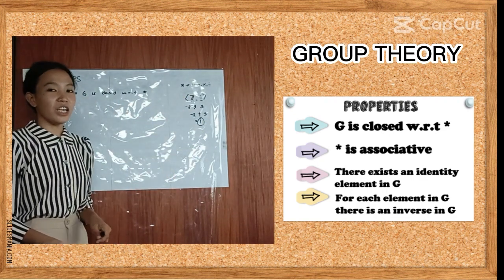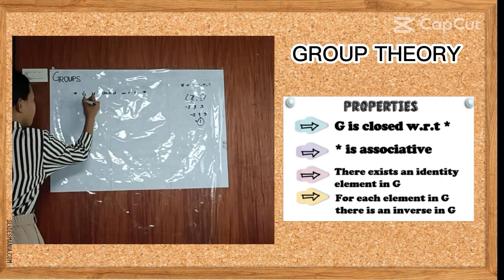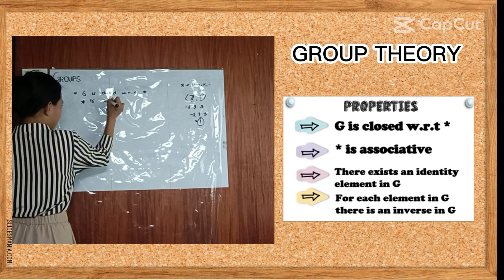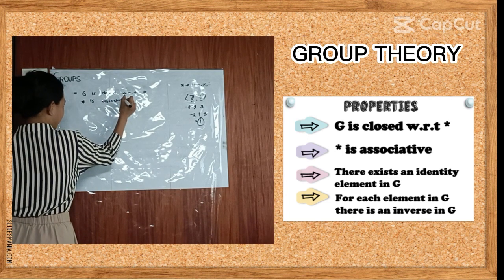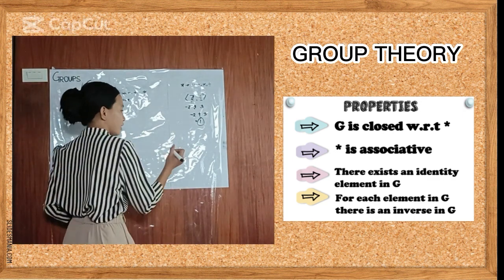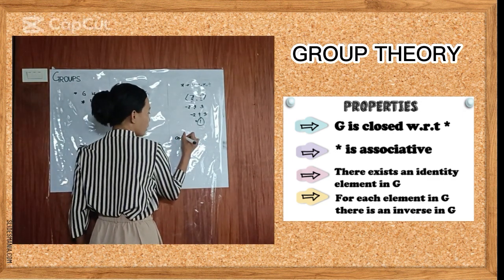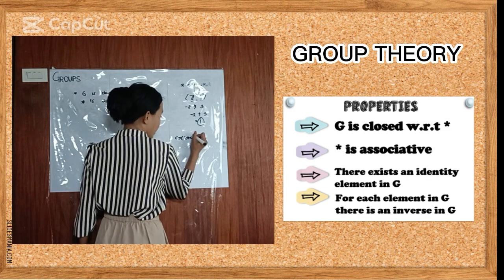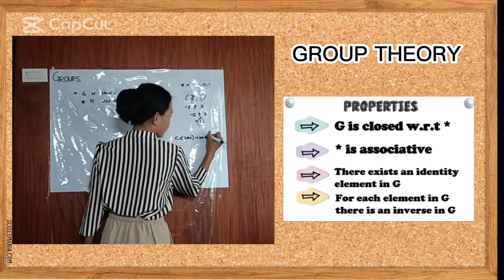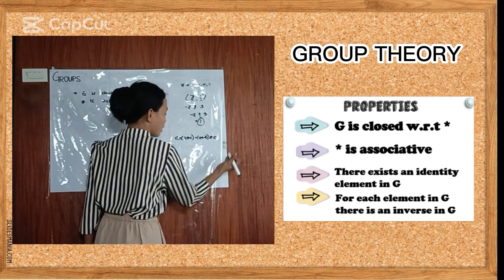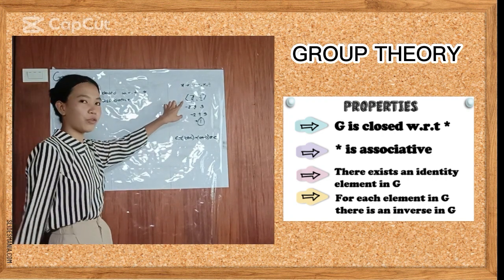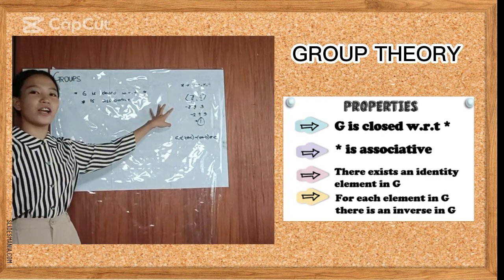The second property is that star is associative. When we say associative, the symbol is like this: A star B star C is equal to A star B star C. So we will use again our first example, the integers under addition.